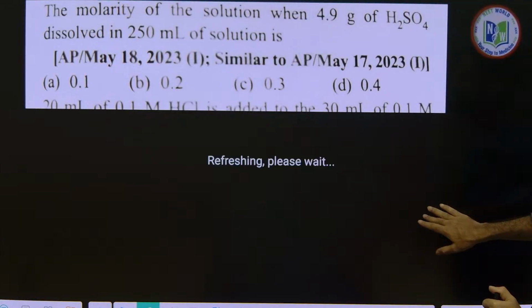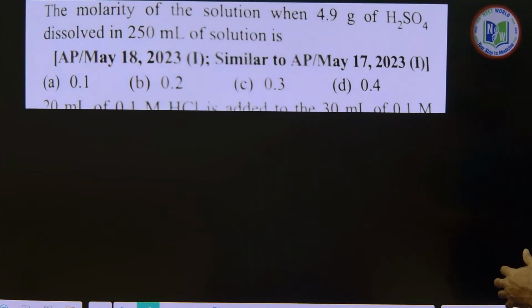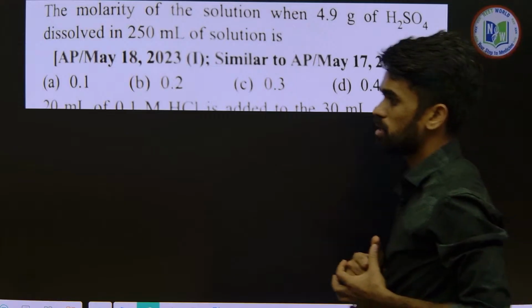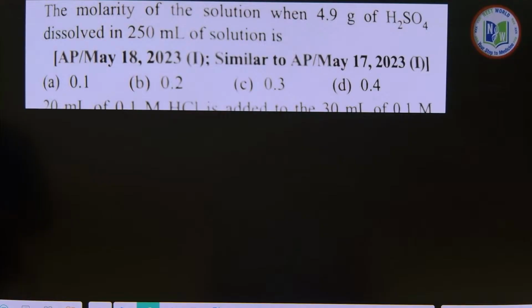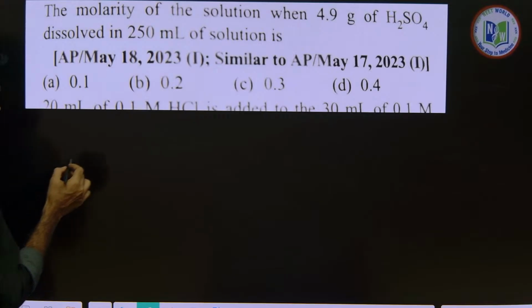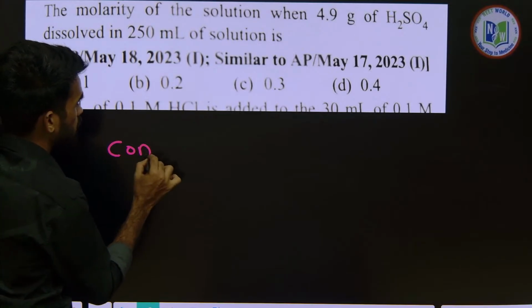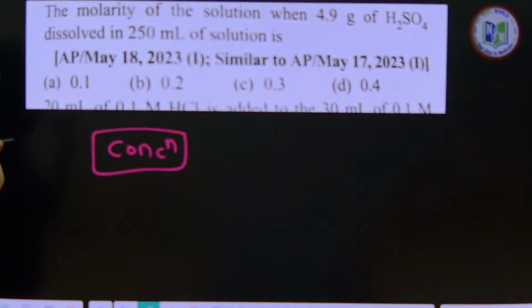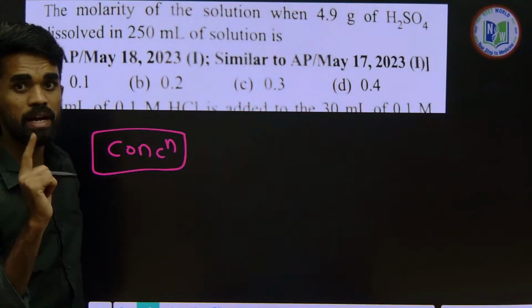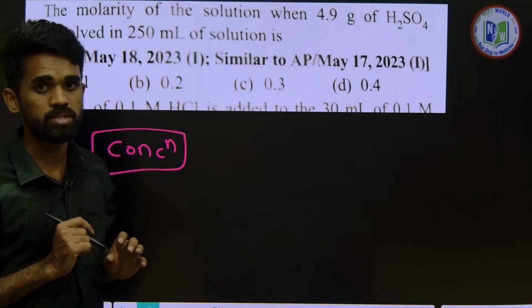Answer me this one. Very basic molarity based question. The molarity of a solution when 4.9 grams of sulfuric acid is dissolved. And guys, if you do not know these concentration terms, definitely you will lose 1 mark in the EAPCET exam, because every year there will be 1 question mandatorily from these concentration terms.